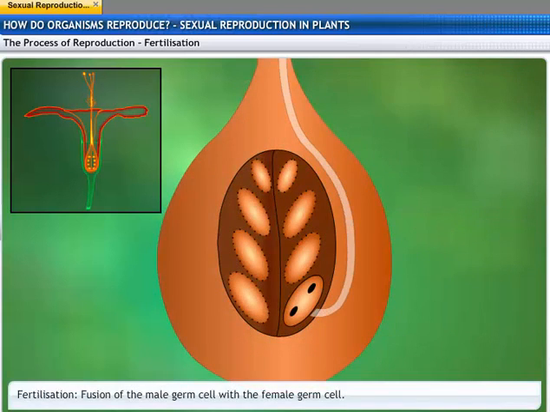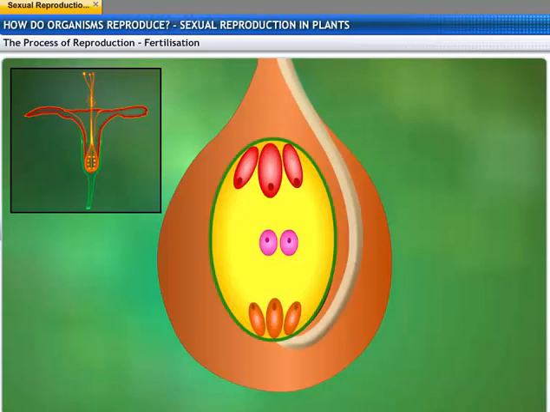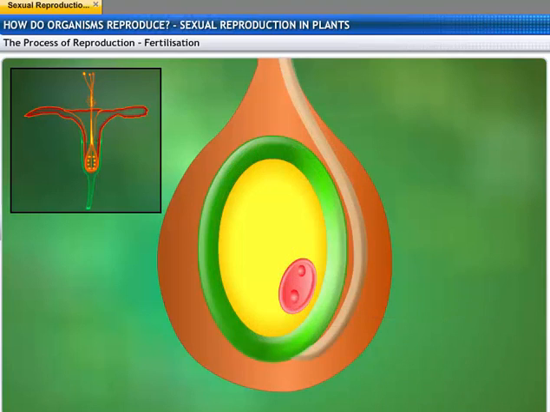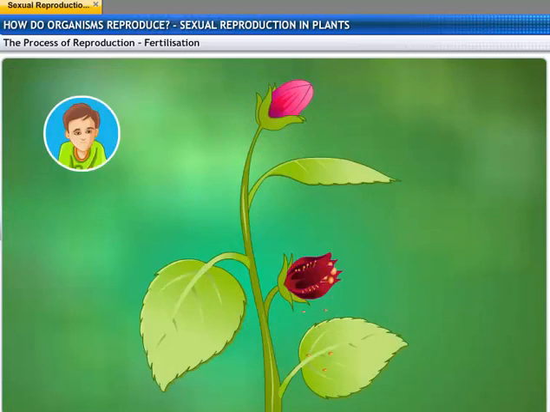During fertilization, the male germ cell produced by pollen grain fuses with the female germ cell present in the ovule. This fusion of two gametes or germ cells is also called syngamy. Syngamy produces a zygote, which is capable of growing into a new plant. So then the seeds that we see are zygotes.